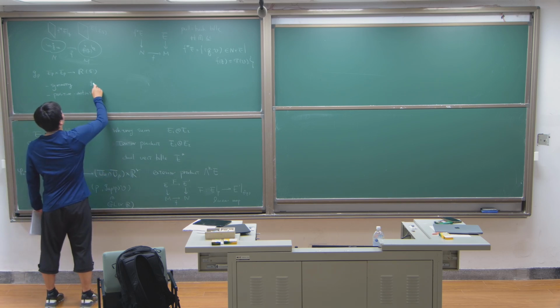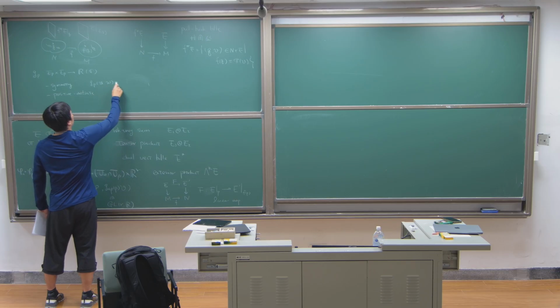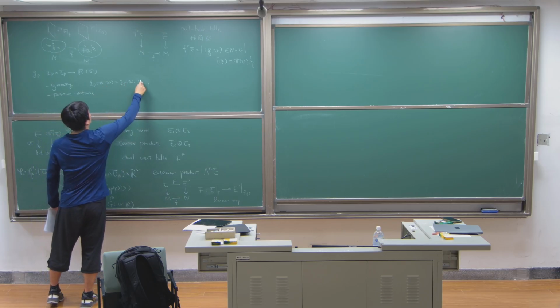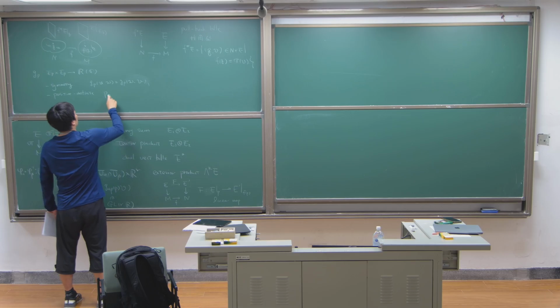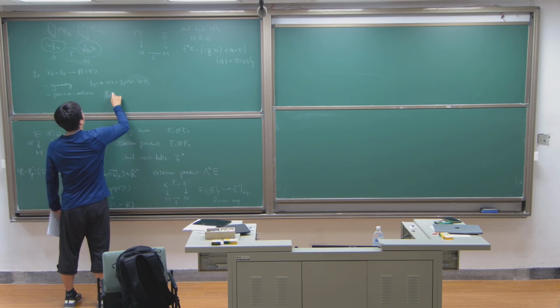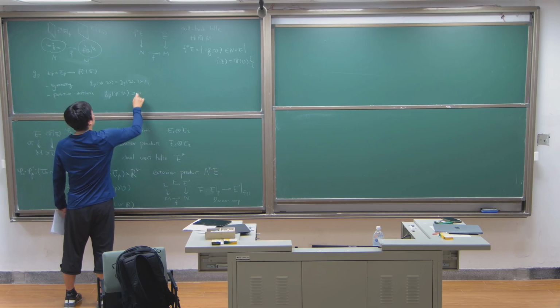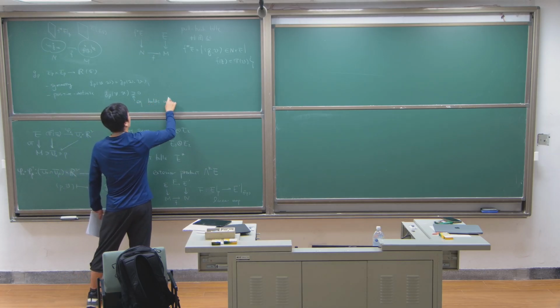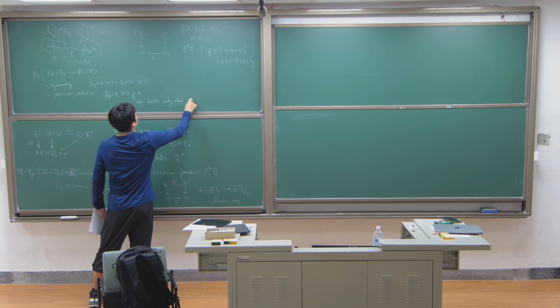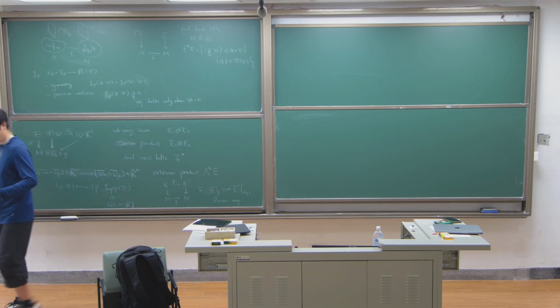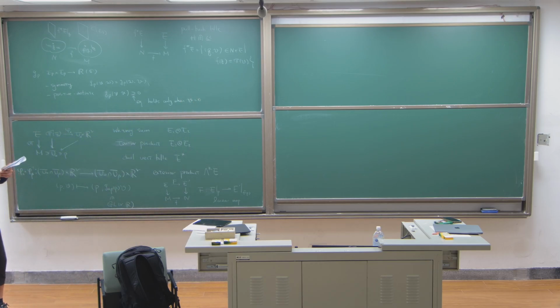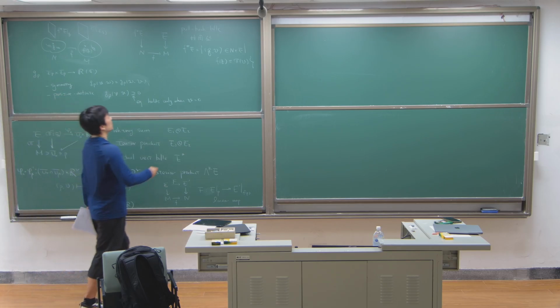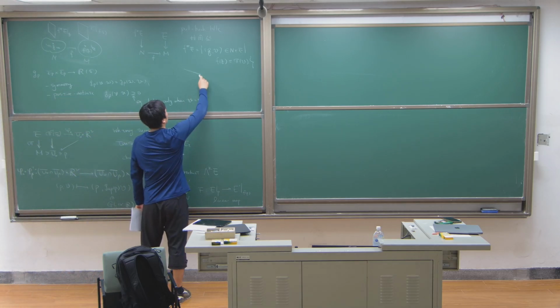Symmetry means g_p(v,w) is equal to g_p(w,v), and positive definite means g_p(v,v) is greater than or equal to 0, and equality holds only when v is equal to 0. 正定性. So if you add this kind of metric, you can have the orthonormal frame.